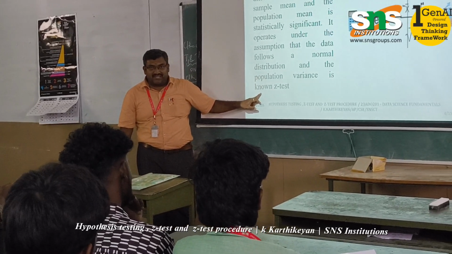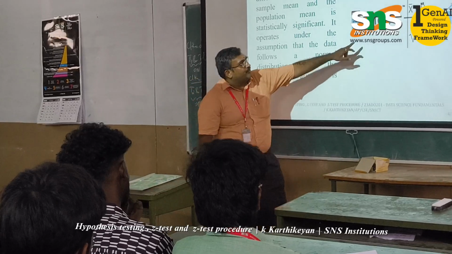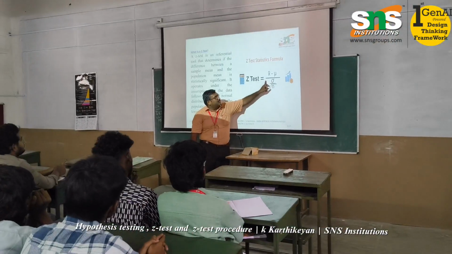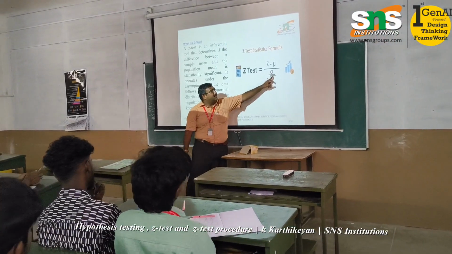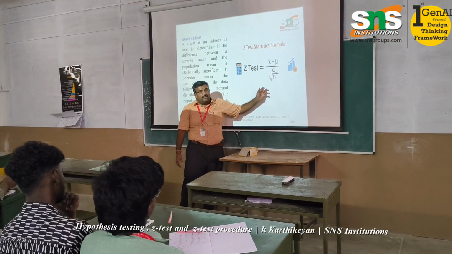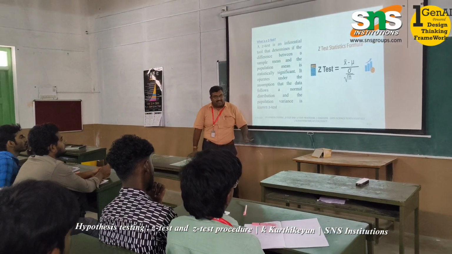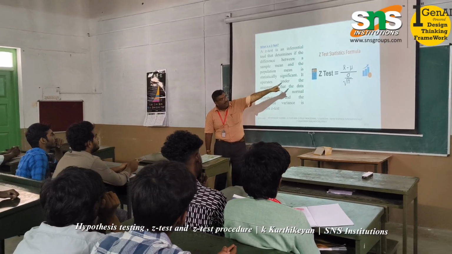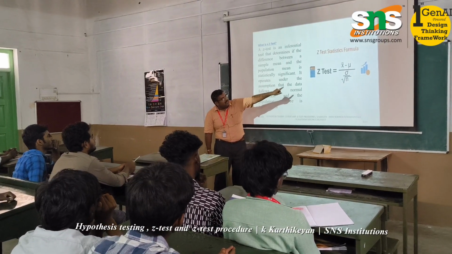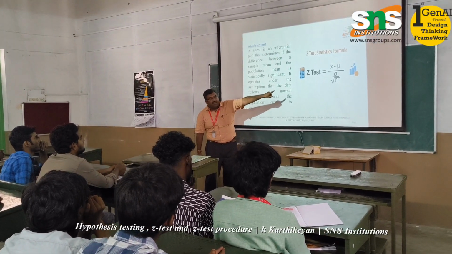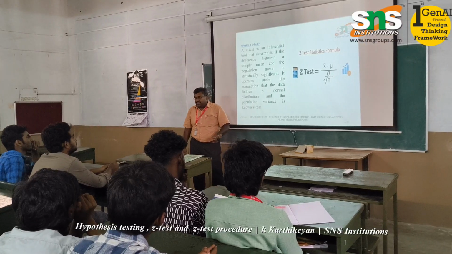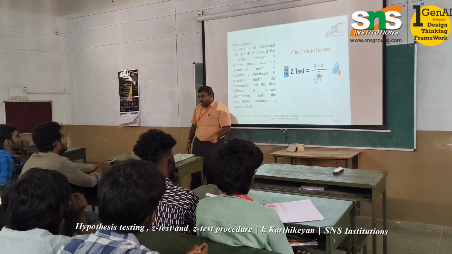The z-test formula is (x bar minus mu) divided by sigma divided by root of n. Once your data is available, find x bar; mu and sigma are given; n is the number of samples received. Just calculate and proceed.